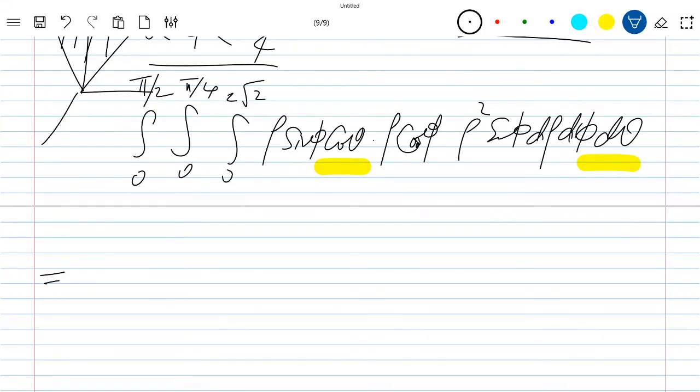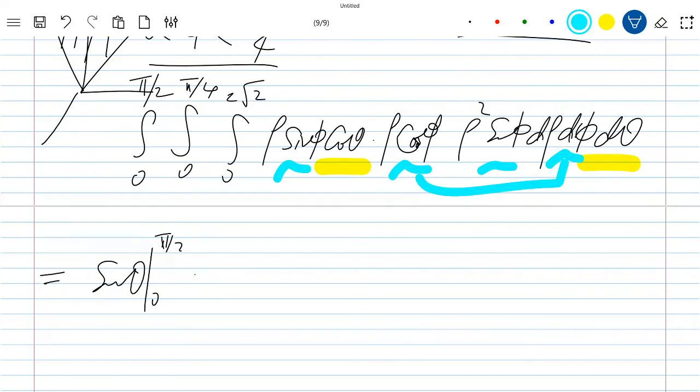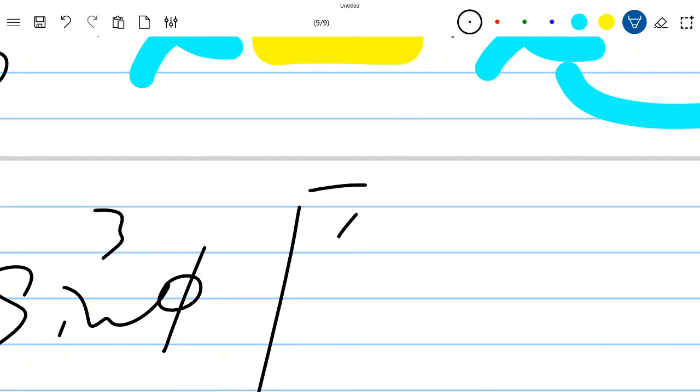So you get sine theta from 0 to pi over 2, which is just 1. And then for phi, you have sine phi, cosine phi, and another sine phi. So you merge them together and get sine phi squared, cubed over 3 from 0 to pi over 4.